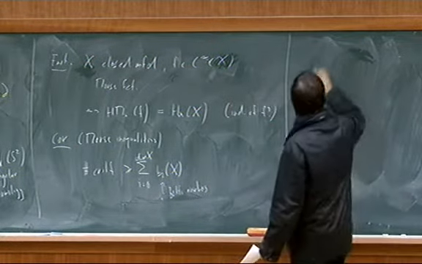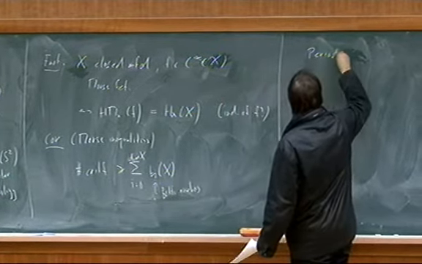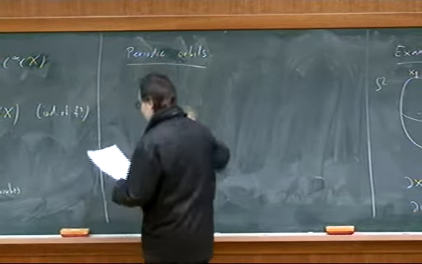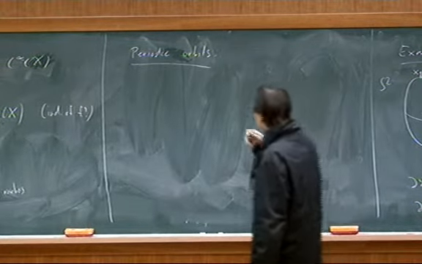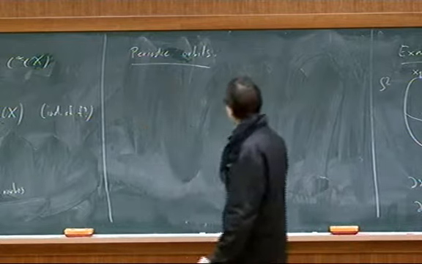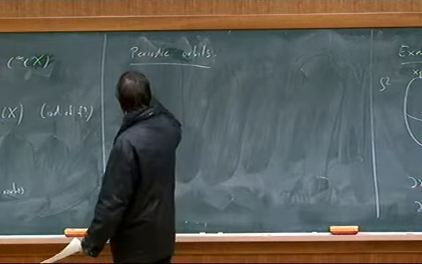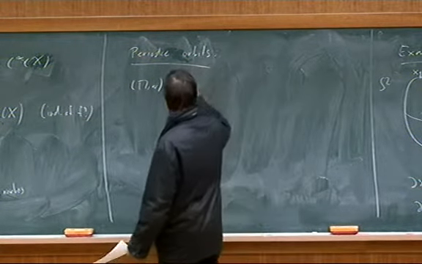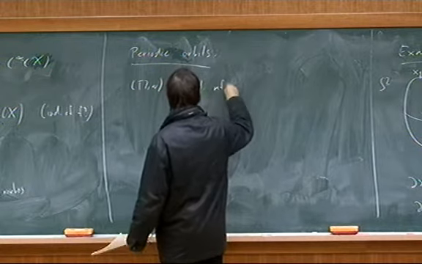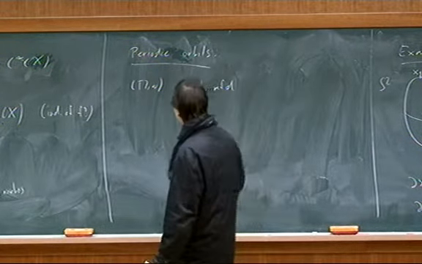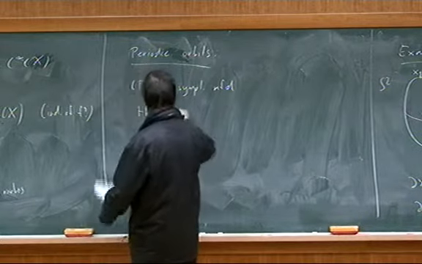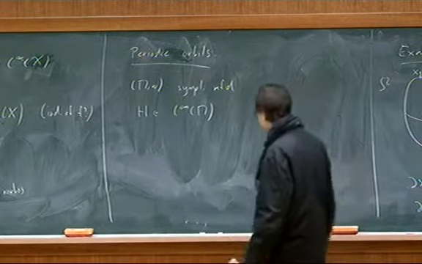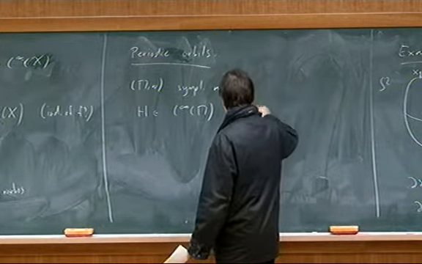And what one is interested in are periodic orbits. That's an old question going back to Poincaré. So we have (M, omega), a symplectic manifold, and we have a function on this symplectic manifold, which is called the Hamiltonian.